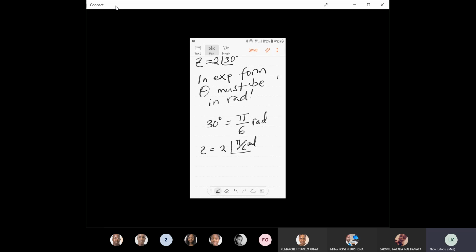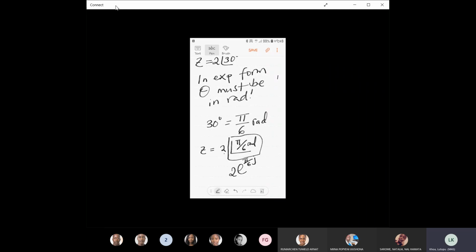Okay, then you remember how we did it before. We say this part is just equal to e, and then my angle theta pi over 6, and then I put a j, then this 2 just multiplies it like that.